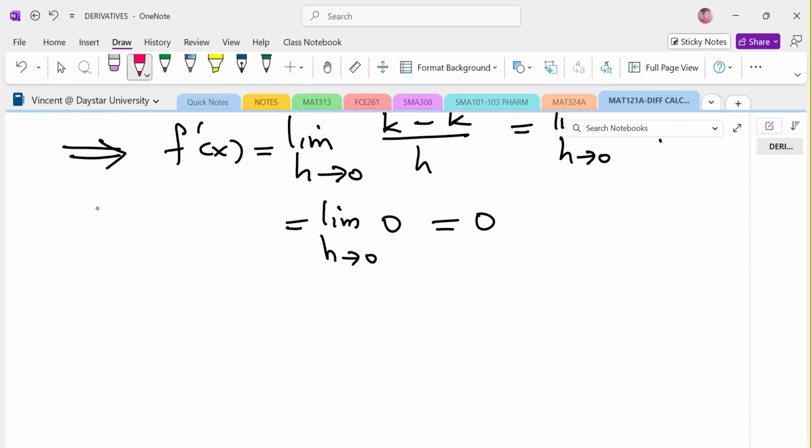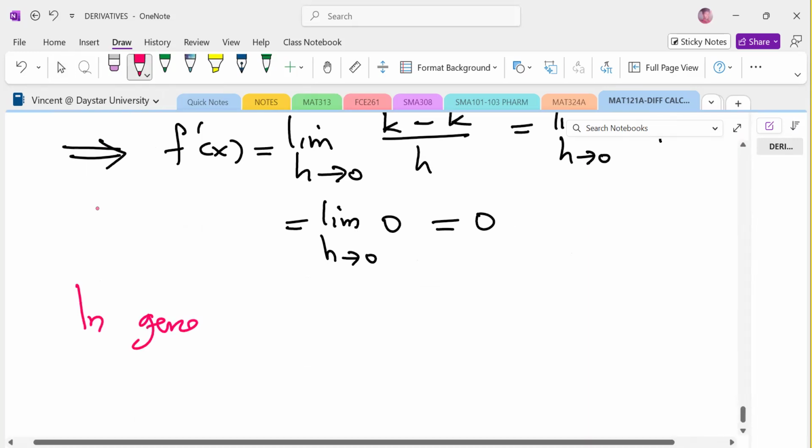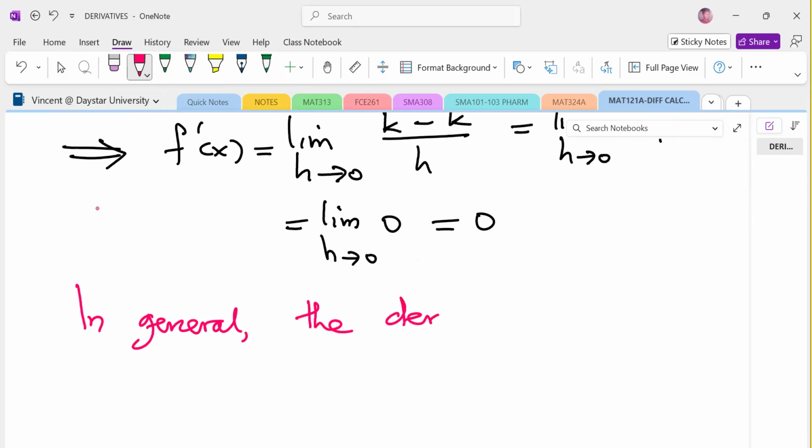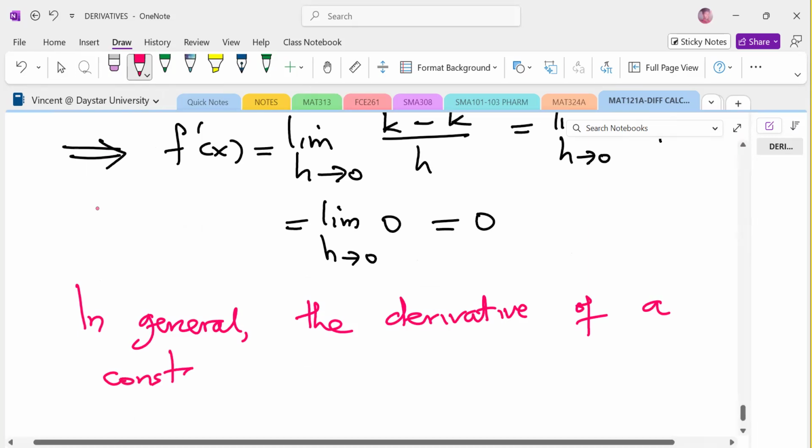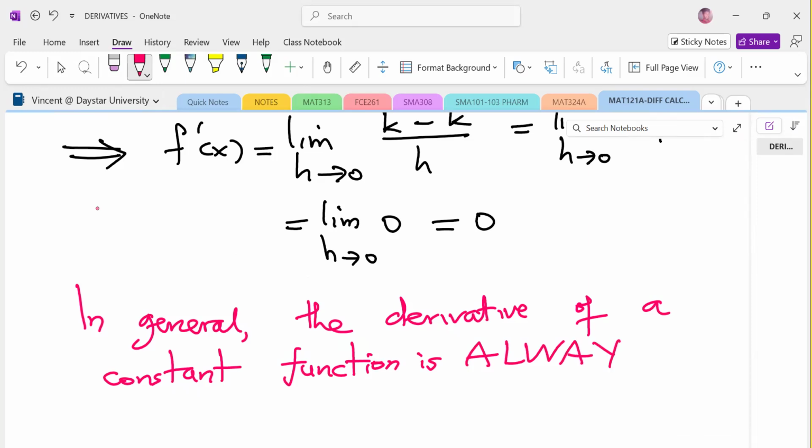So in general, the derivative of a constant function is always 0. So that's the first example.